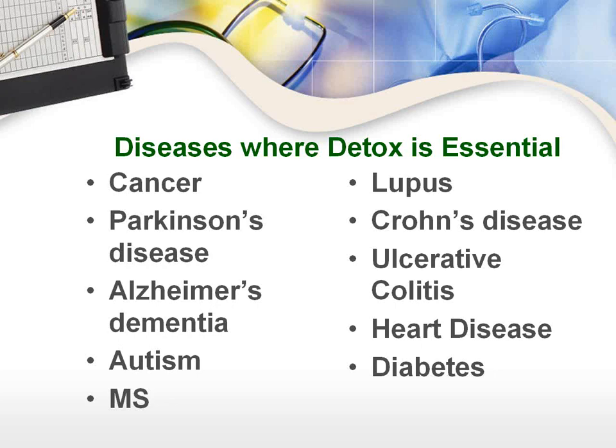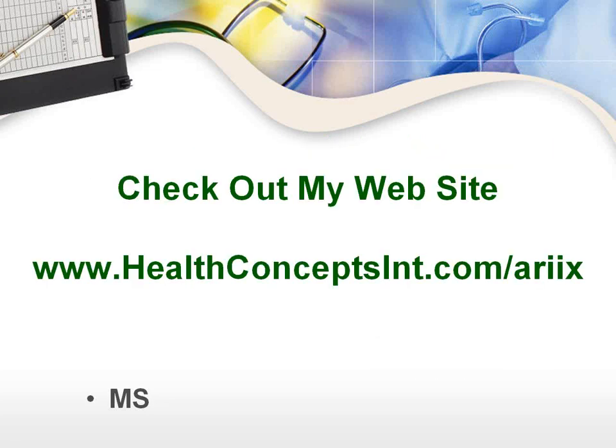But I have had wonderful, wonderful results in my medical practice using an aggressive nutritional support in both Crohn's disease and ulcerative colitis. And obviously, people with heart disease, diabetes, and any chronic degenerative disease are going to do well with this kind of a detox.